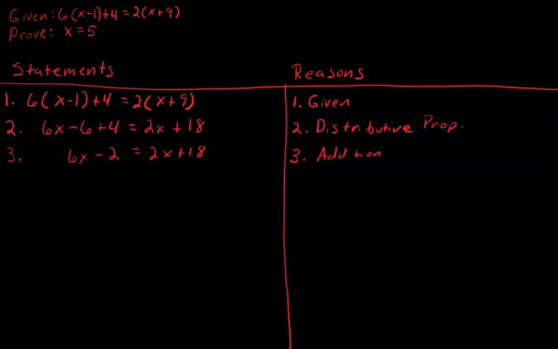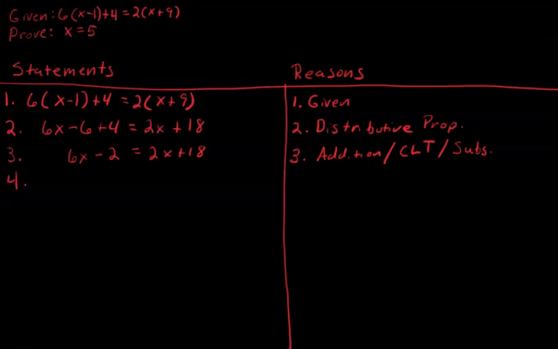Or I like this abbreviation, CLT, that you combined like terms, or you could write it out. Or the book sometimes, and in some of your other work, you'll see it call this substitution. I'm okay with any of them.